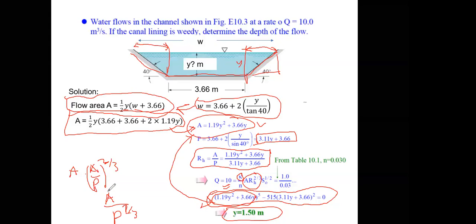And here, if you put them together, they become A to the power of 1 plus 2/3, so 5/3, isn't it? Yeah. And then this times the slope, which is given. So y ends up at 5 over here.